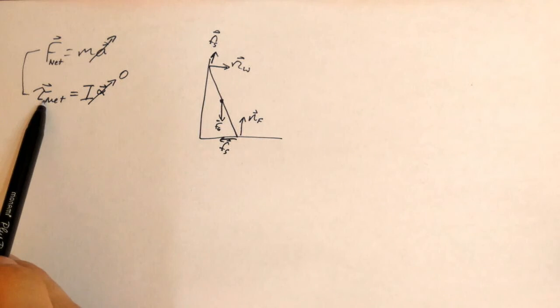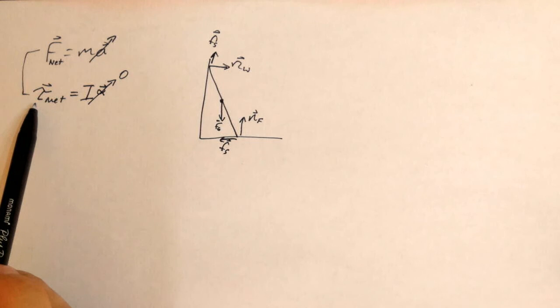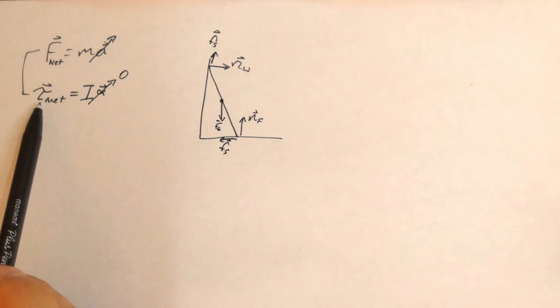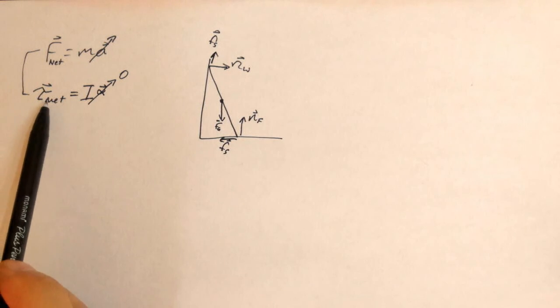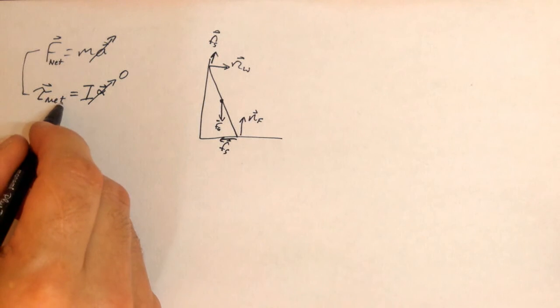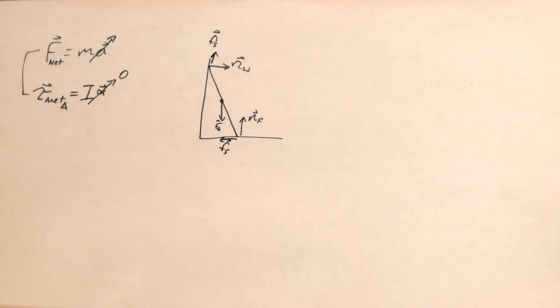Now we also have this one. Now this one's a little bit more unique, or more interesting, because we have all sorts of ways that the net torque could be zero. And what's important is this is net torque about some point. So when I'm looking at this problem that's not moving, what's that point?